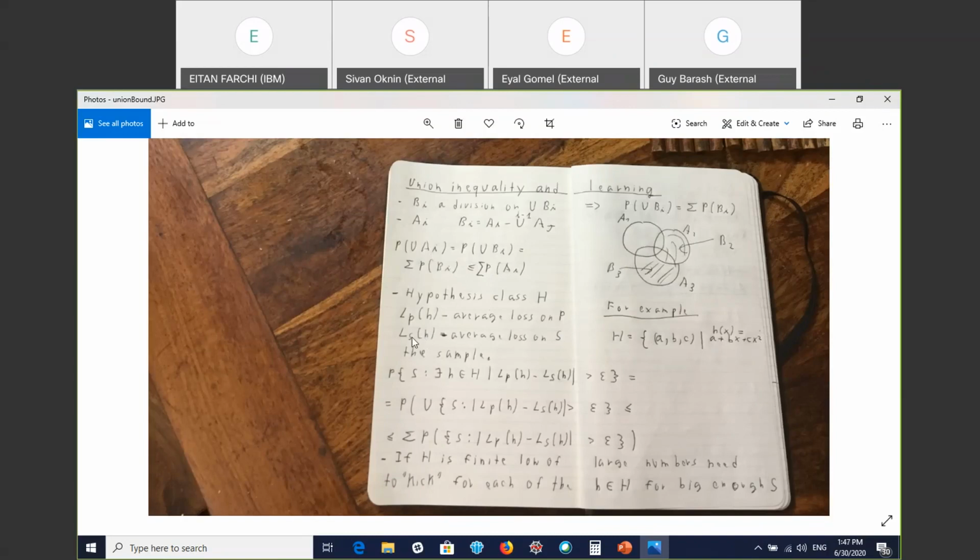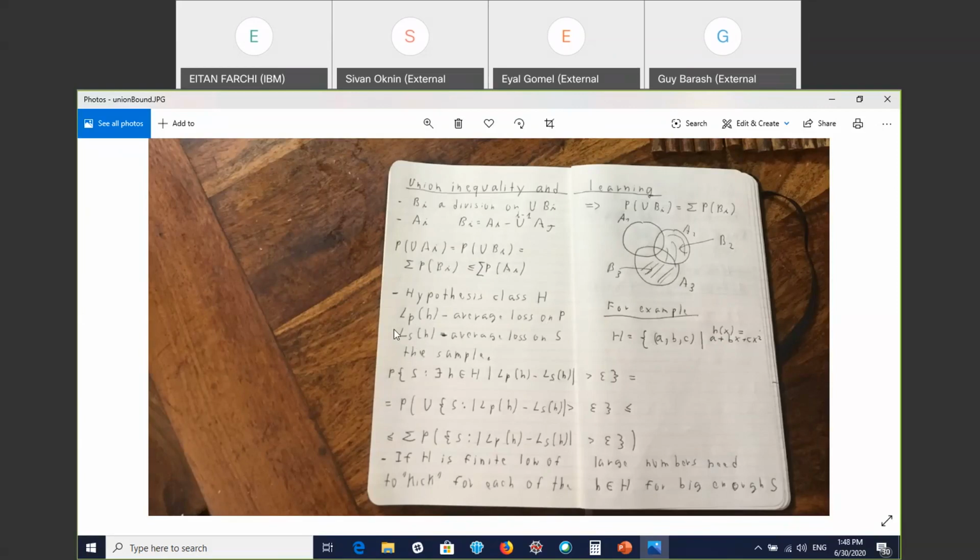So that's one thing that indicates how good or how bad the model we chose is. It's the average performance on the sample. But there's another one, which is the theoretical average performance based on the probability distribution that we don't know.